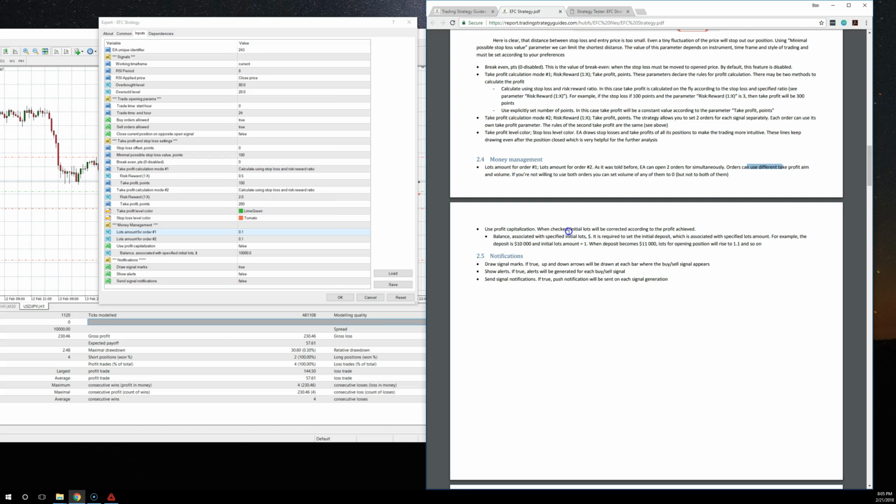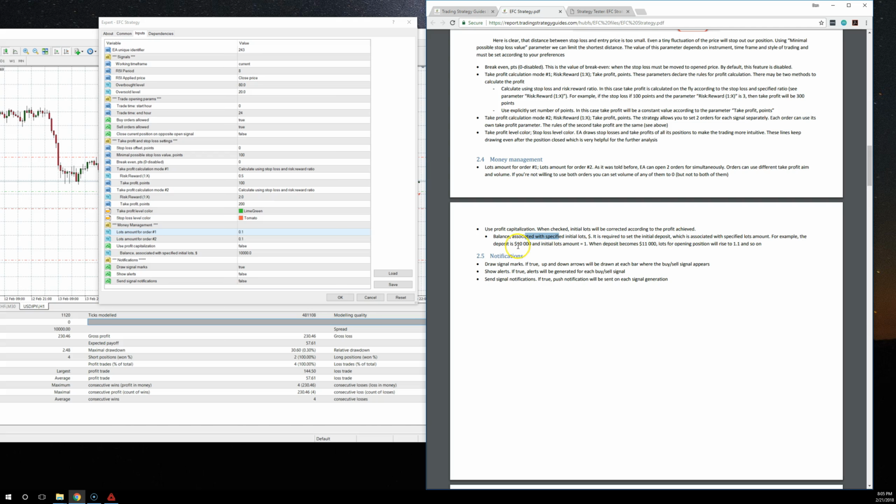The profit capitalization, when checked, the initial loss will be corrected according to the profit achieved. So this is another one of those advanced money management strategies. So this is, for example, the balance associated with specific lots. The dollar amount it is required to set the initial deposit, which is associated with specified lot amount.